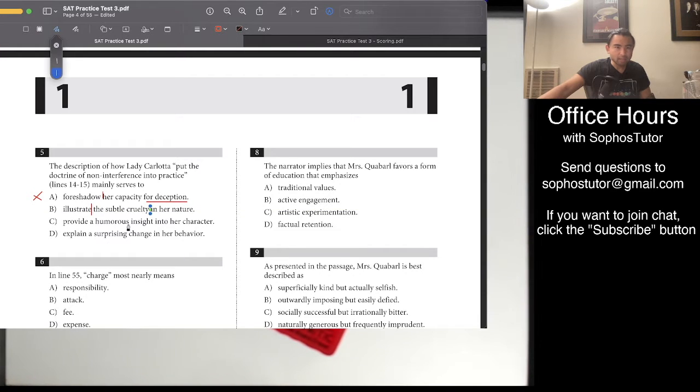Okay. B, illustrate the subtle cruelty in her nature. All right. Now, illustrate, general word. The description could illustrate something, but subtle cruelty. Again, we need to think about what are the conditions that would make this objectively cruel. When we think about cruelty, I usually think of power.